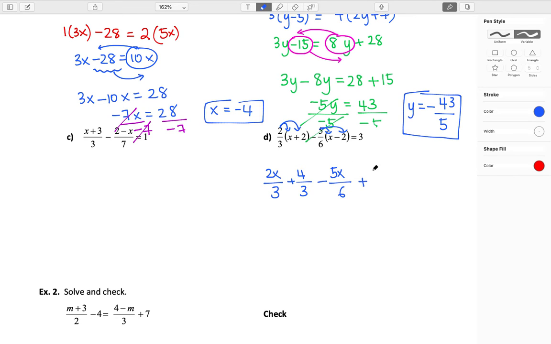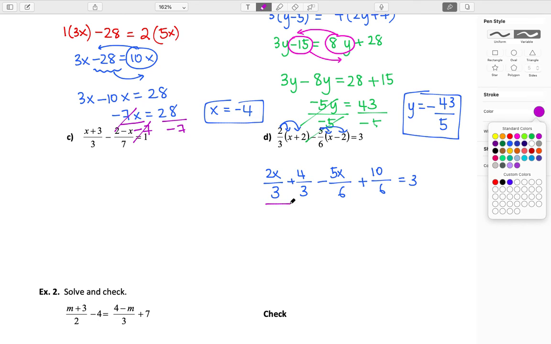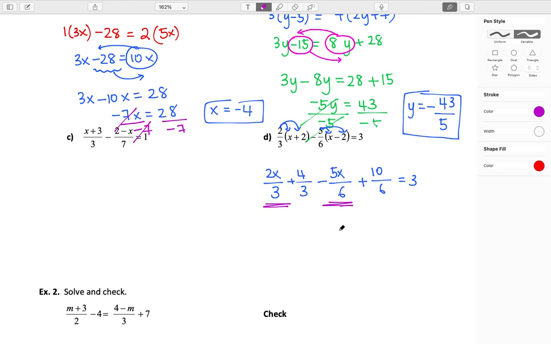Negative negative becomes positive, so 10 over 6 equals 3. Now, it looks like we have like terms here. X is here, and we have a number and a number here on the left side. And it looks like I have a number on the right side.